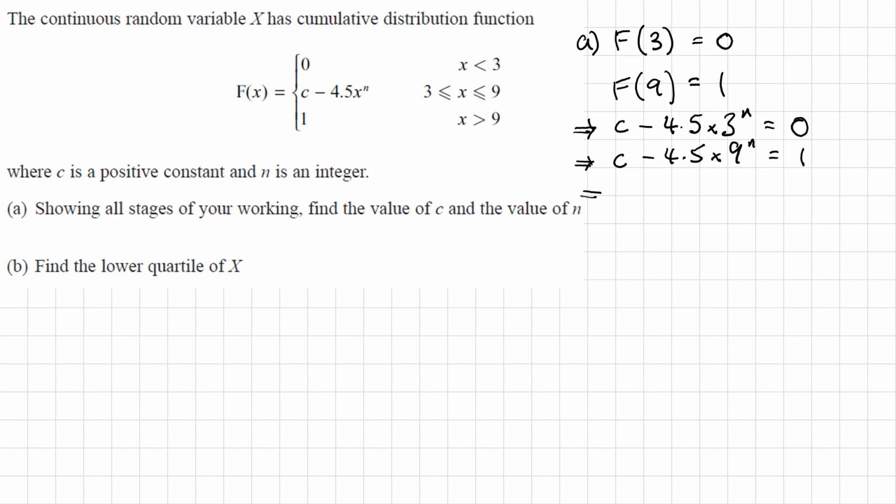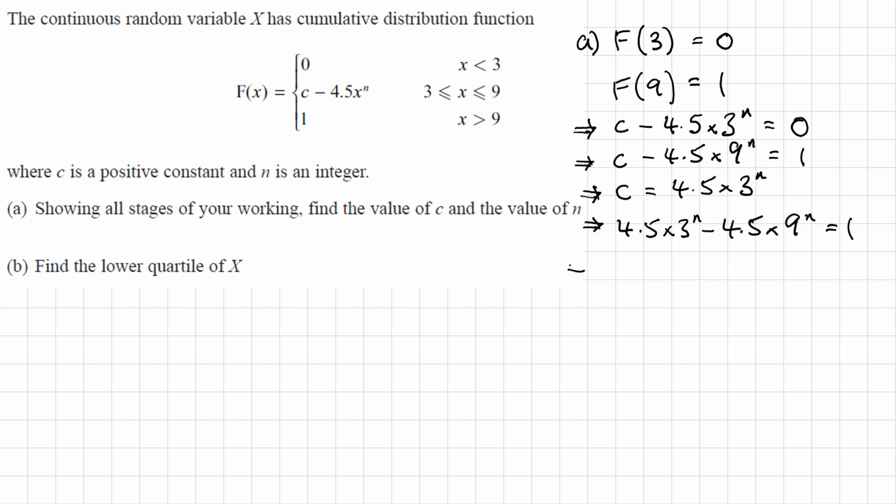So from the first equation, I'll make c the subject because I want to eliminate c. c will be equal to 4.5 times 3 to the power n. Substituting this into the second equation, what we'll get is 4.5 times 3 to the power n minus 4.5 times 9 to the power n is equal to 1.